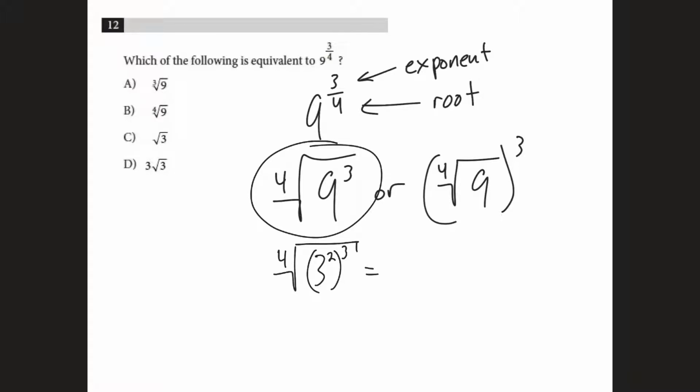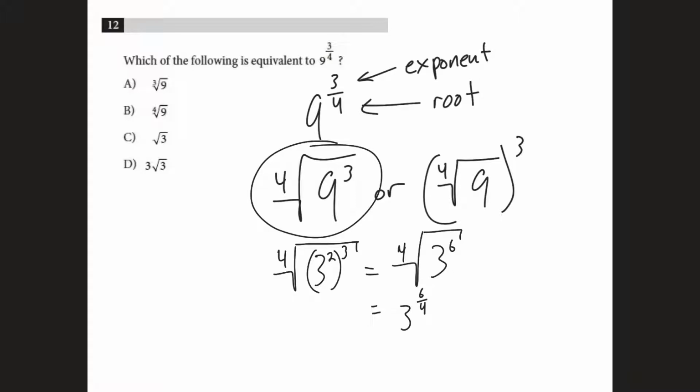Well, that's going to be the 4th root of a power to a power. You multiply the exponents. That's going to be 3 to the 6th. 4th root of 3 to the 6th. Then I can turn it back into a power. Remember, the exponent's going to be the numerator, so it's going to be 3 to the 6/4.